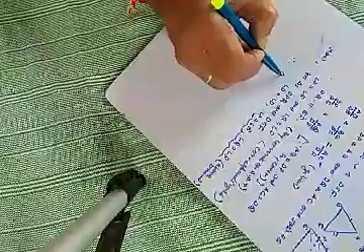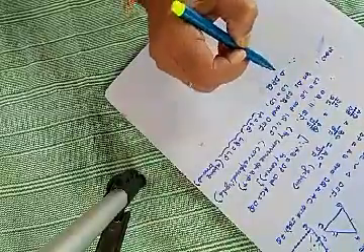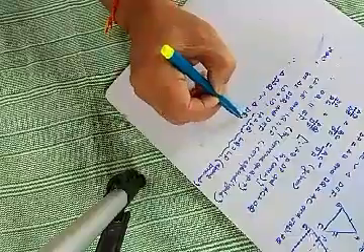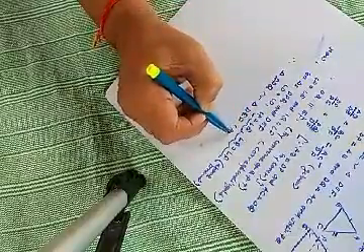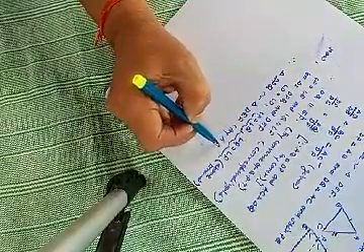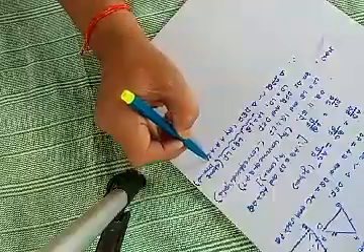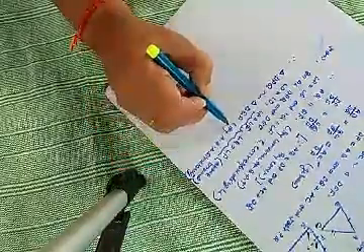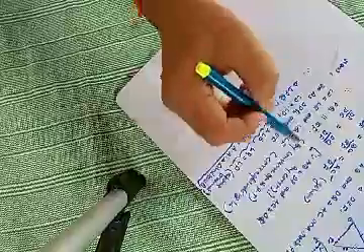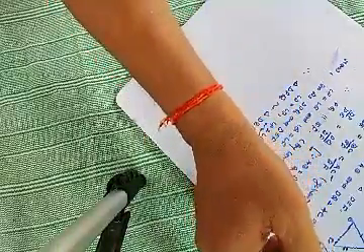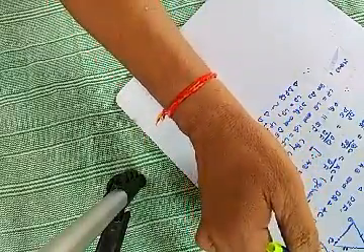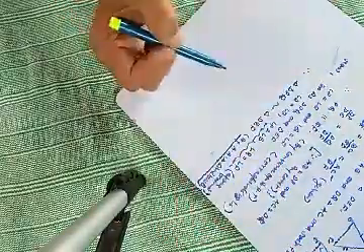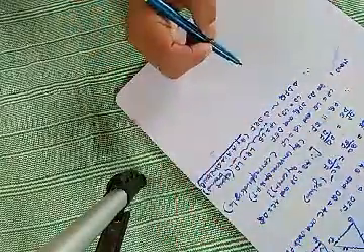Therefore, triangle DPQ is similar to triangle DEF by AA similarity. Why AA similarity? Because the triangles are equiangular: angle D is equal to angle D, angle P is equal to angle E, and angle Q is equal to angle F. So both the triangles are similar.